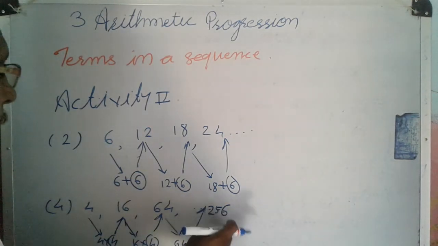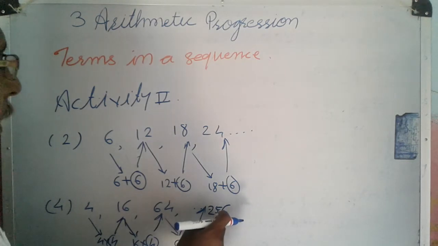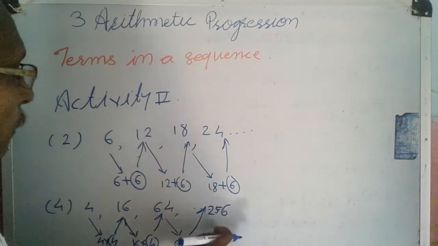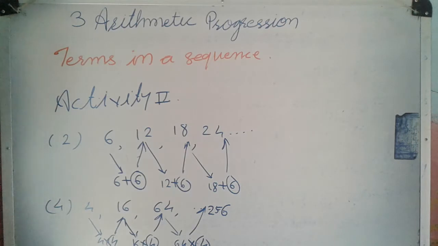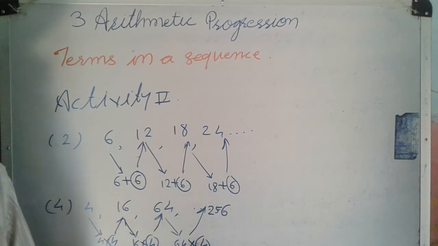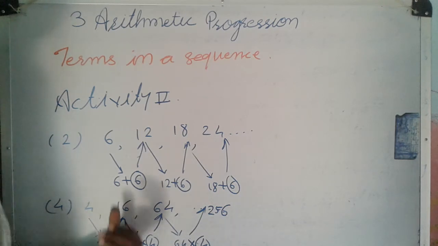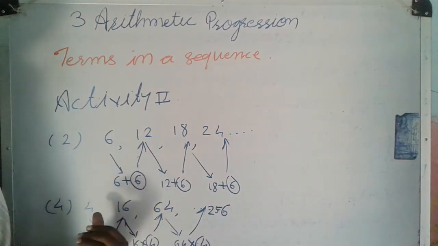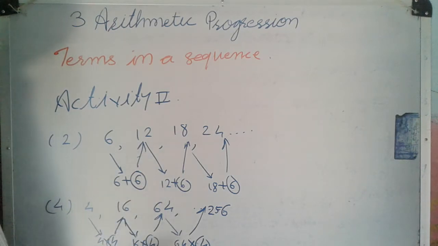Now again if you multiply 256 by 4, we will get the next term. That means here the rule is that to obtain the next number, we have to multiply the preceding term by 4.